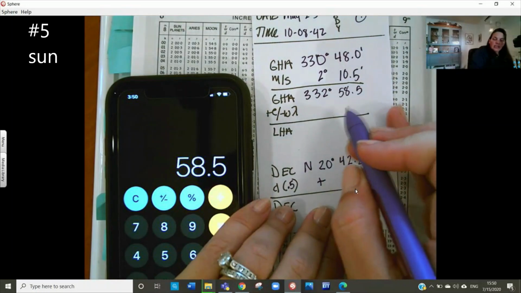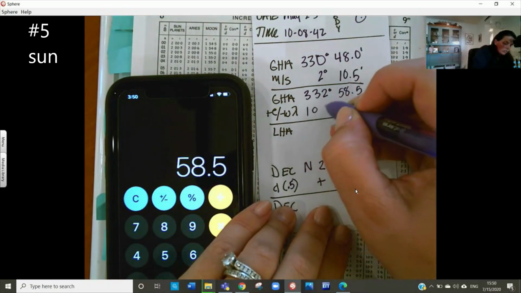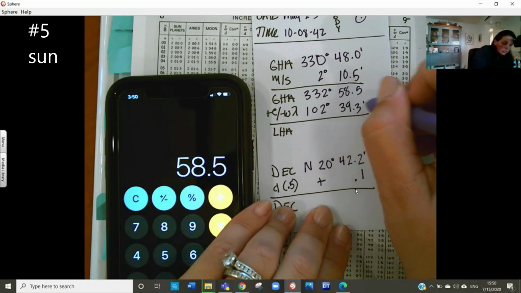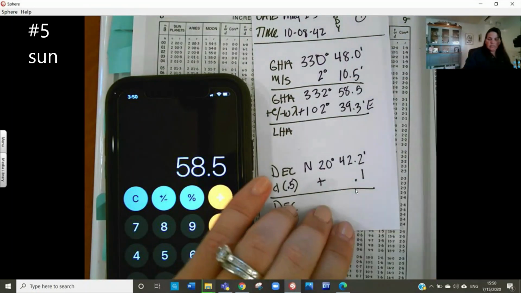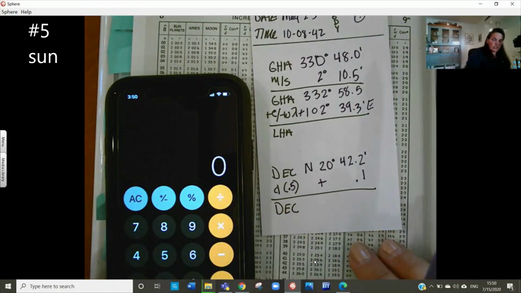Our estimated longitude, you're going to be adding, because it is east. So we'll be adding our longitude.